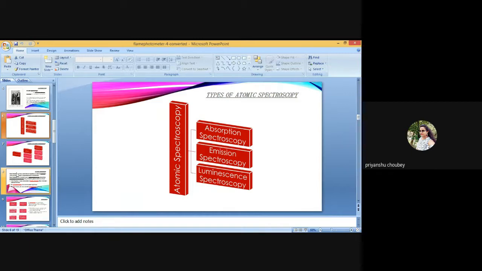The sample throughput has increased tremendously while minimizing the human error of various steps.